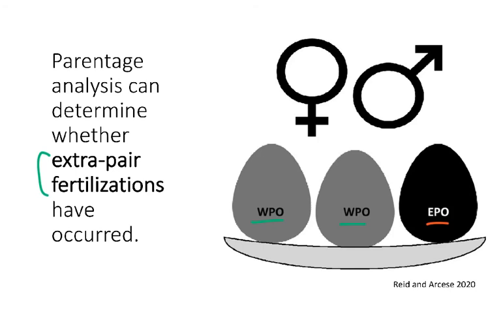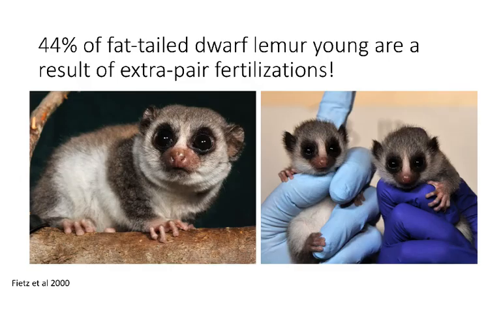And so parentage analysis can help us figure out whether there are these extra pair fertilizations within a litter or a nest. The terms are different depending on what type of species you're studying. And so they've done this for a lot of different species. There's a table in your textbook that summarizes some different examples. And here's just one example I thought was interesting that I pulled. They've done these types of analyses in fat-tailed dwarf lemurs, which is quite a name.